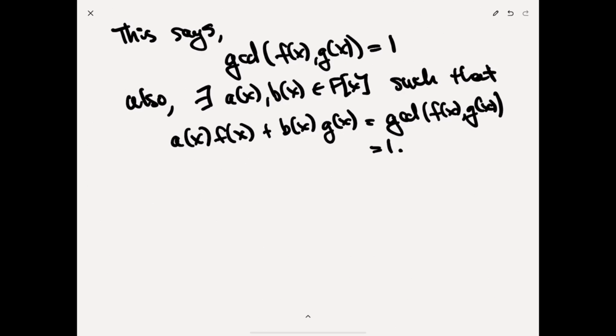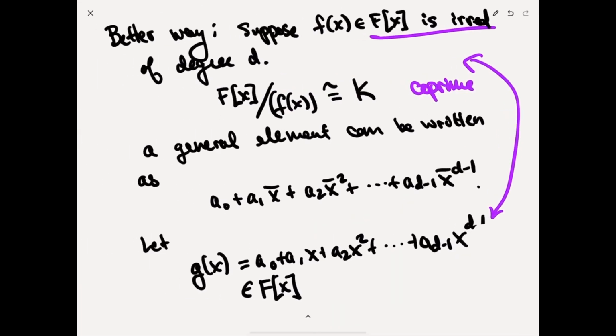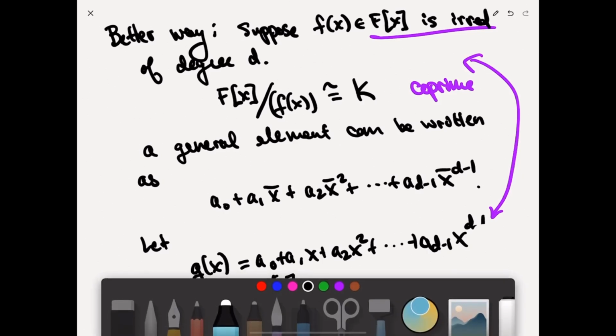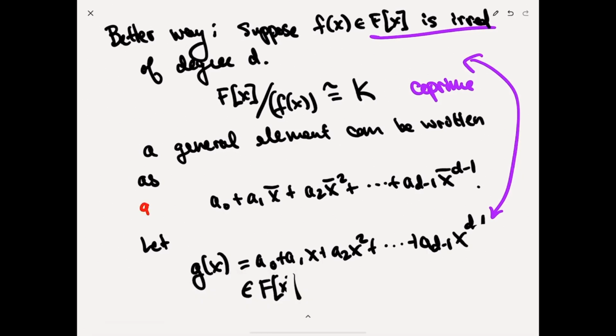Okay, so what question were we trying to answer? The question was, how do we compute an inverse of a general element? So here I have a general element in K, and we want to know what 1 over g of x bar is.